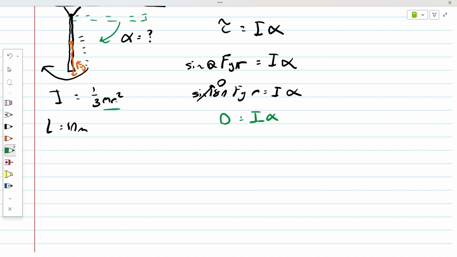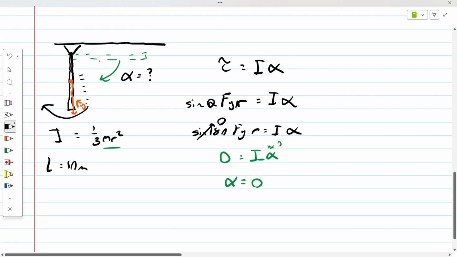The radius is going to be positive, the mass is going to be positive, so this does not equal 0. So that means this alpha, this angular acceleration, must equal 0. And so that's why it's changing. So as this rod rotates down, it's losing acceleration as it gets down to here. And once it hits here, the angular acceleration equals 0.